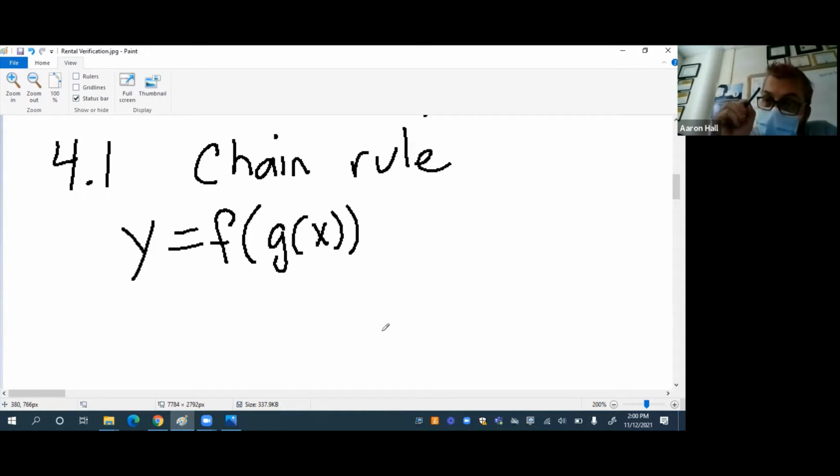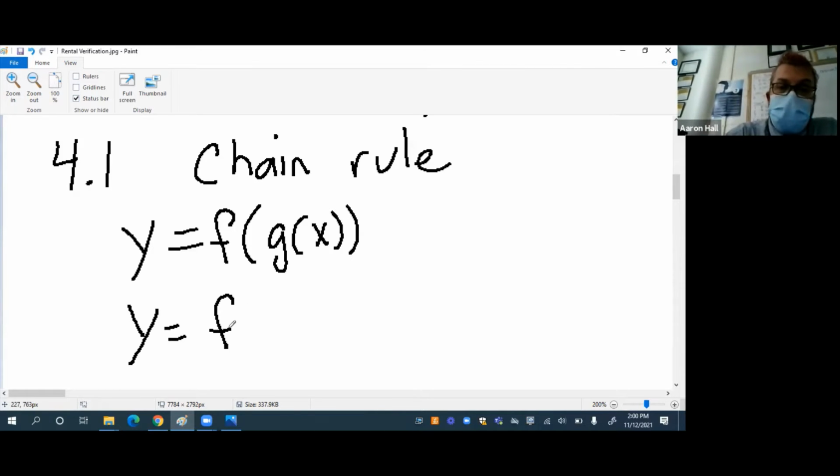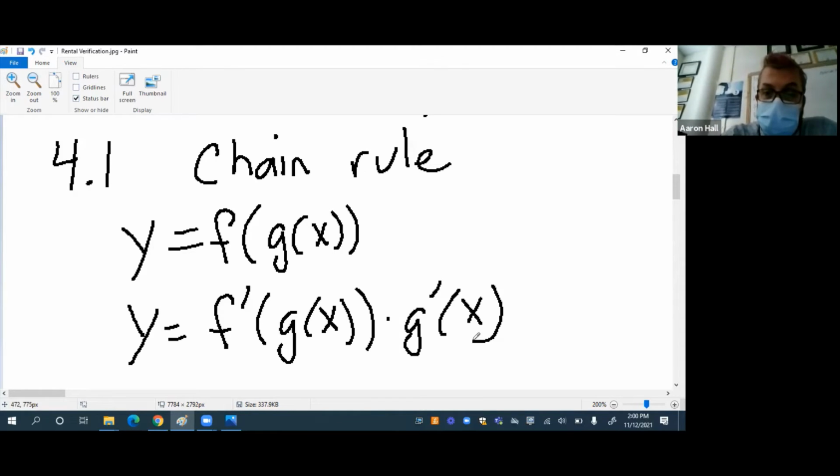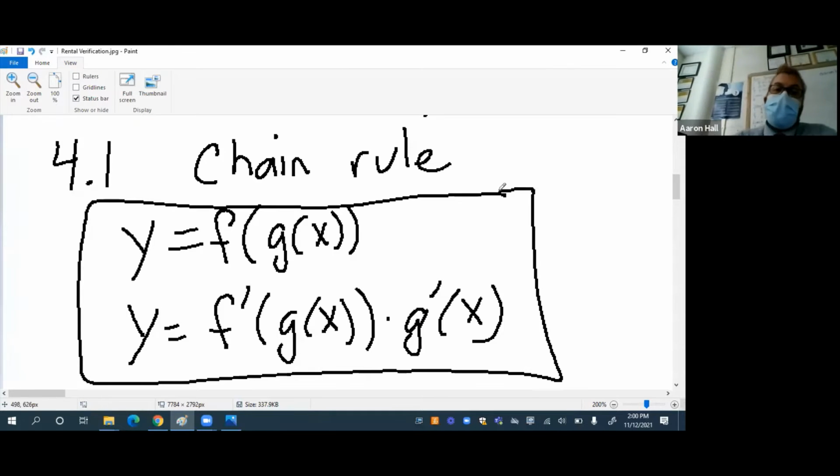When we take the derivative of this, we take the derivative of the outside function, so that would be f prime of g of x, times the derivative of the inside function, and that's it. That is the chain rule. Let's do an example.